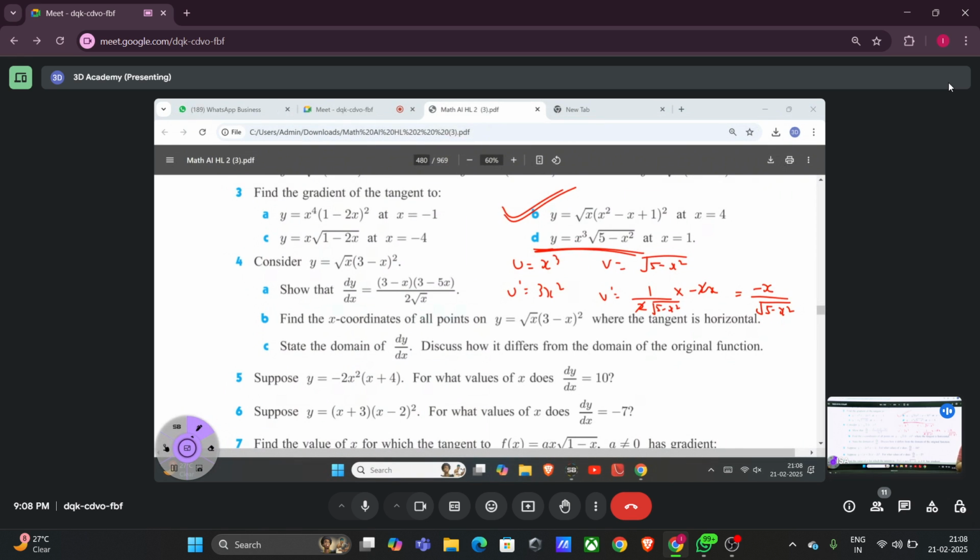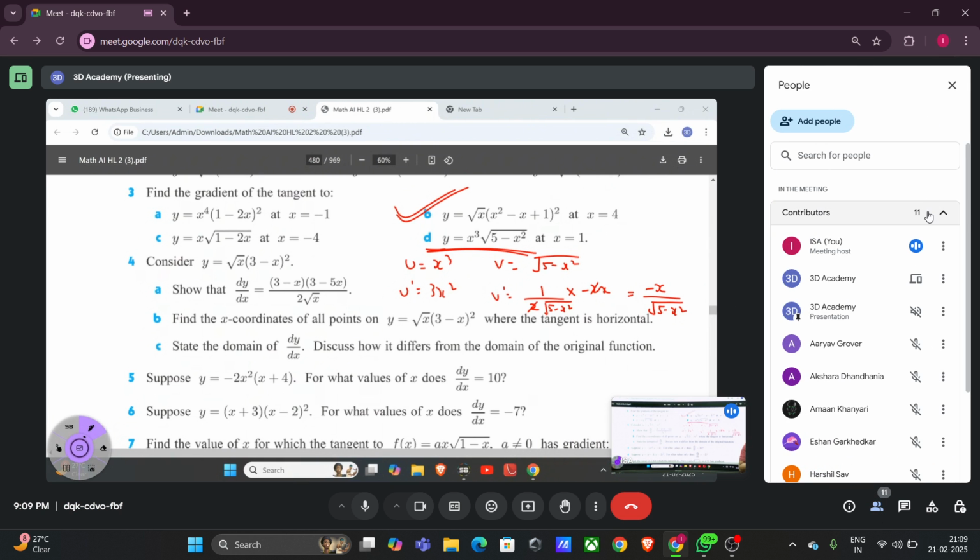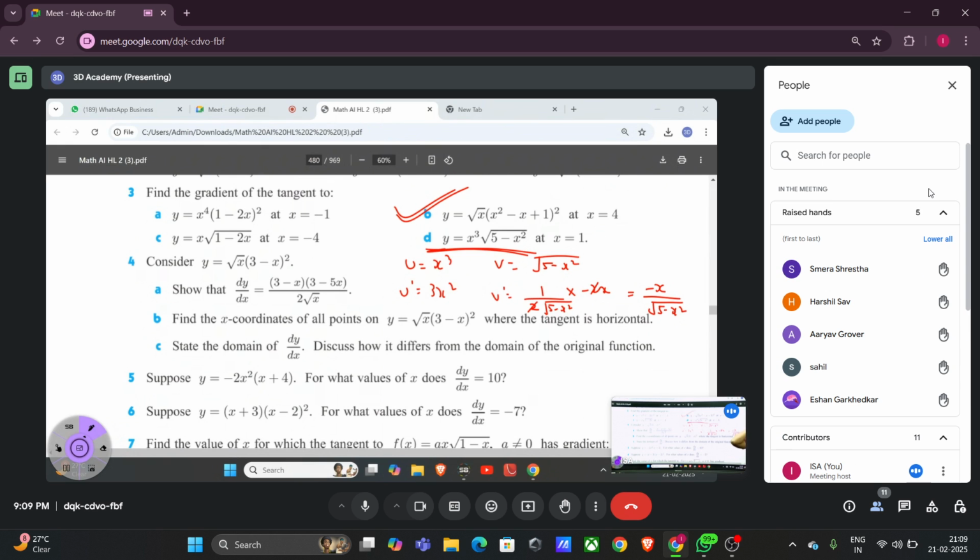Okay, answer has come. Very good, Sahil. If u, v identification and u dash, v dash are correct, the answer is correct. Guys, I know it was quite quick, but how many of you have understood product rule? Please raise your hands. Very good.